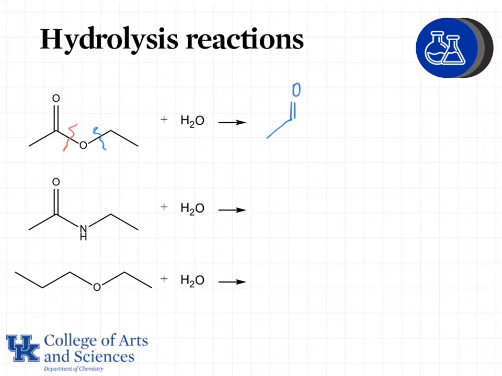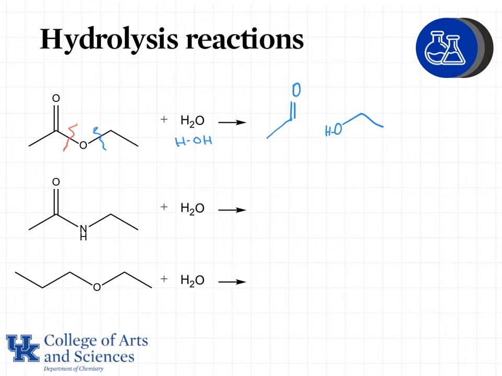two carbons with a double bonded oxygen, and then an oxygen with two carbons. Now we have to add the water as H and OH. We're going to add the H to the oxygen atom because we don't see bonds forming between oxygen and oxygen.